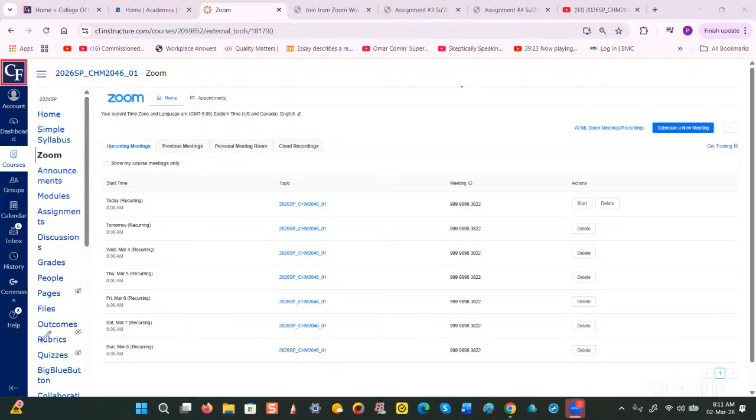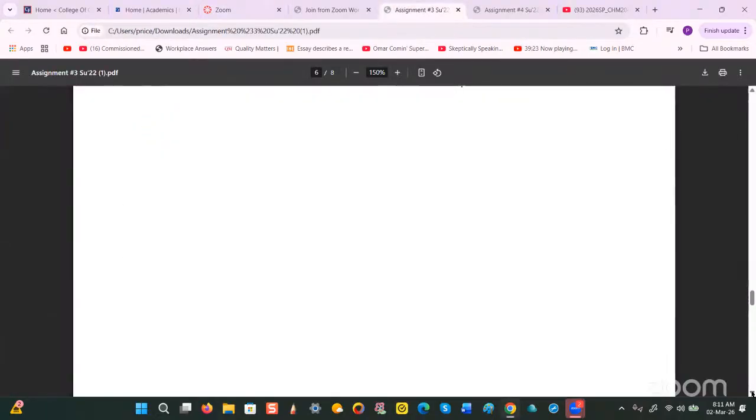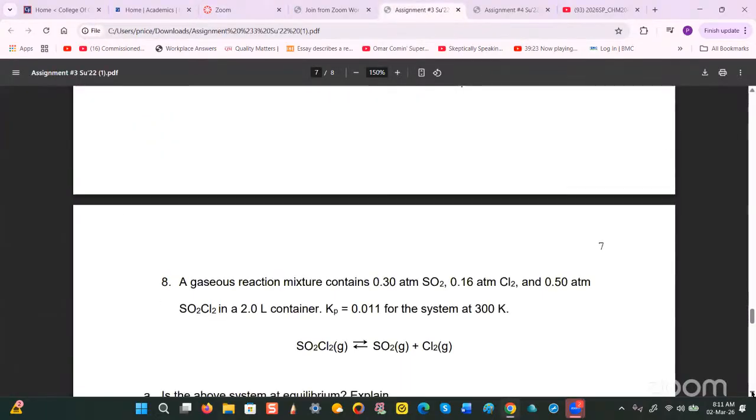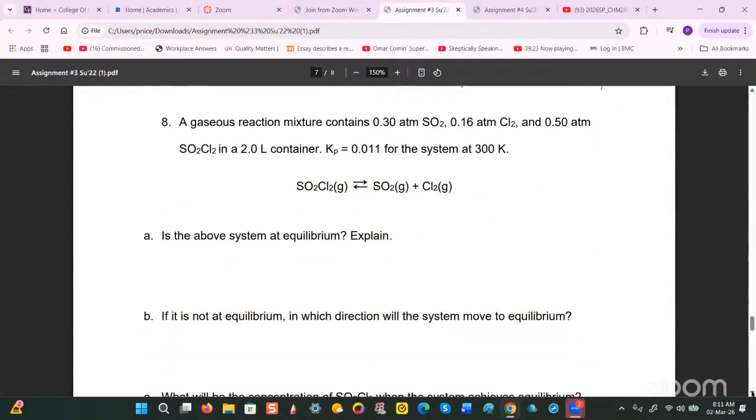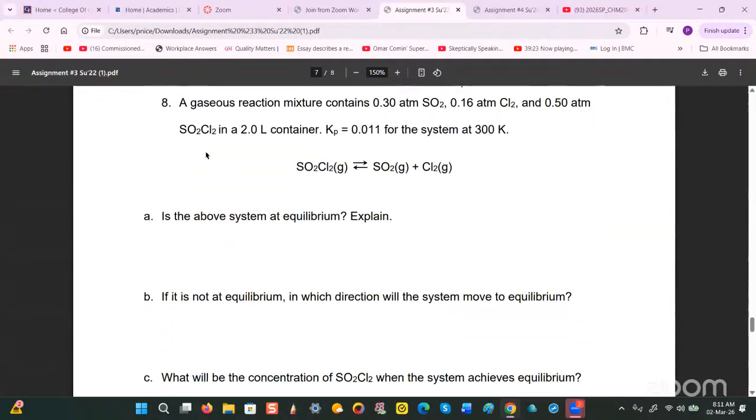Okay, so the next question is question number 8. And in question number 8, it says a gaseous reaction mixture contains SO2, Cl2, and SO2Cl2, and it gives you the different pressures of the different gases in a 2.0 liter container.